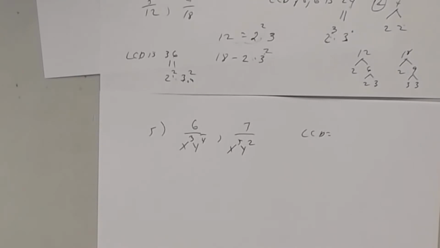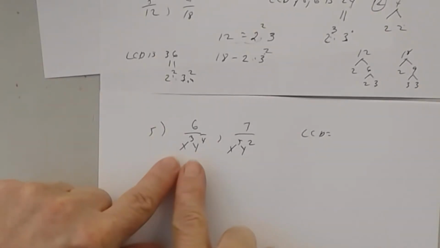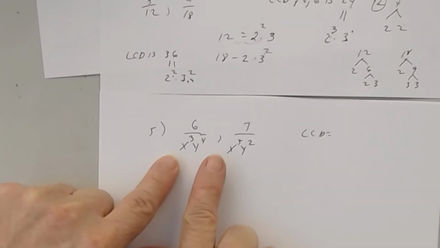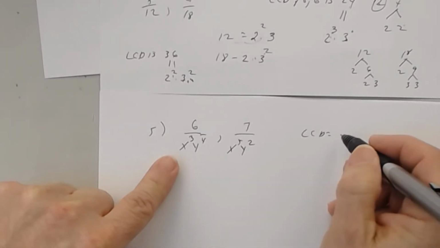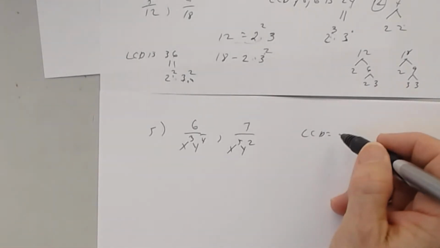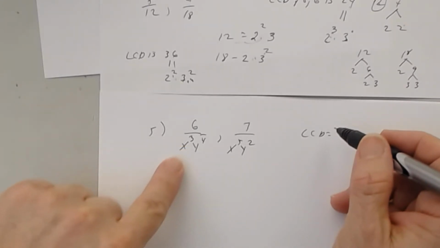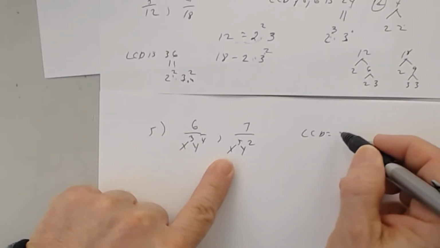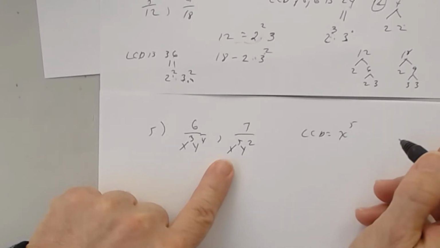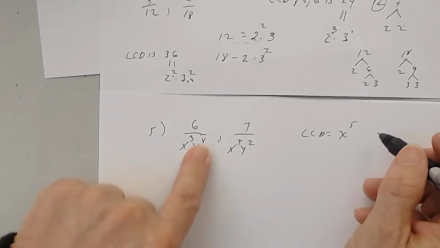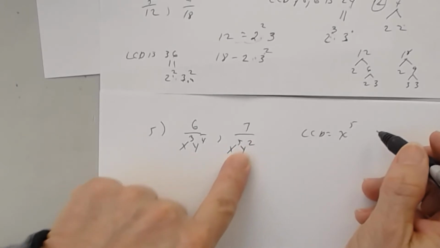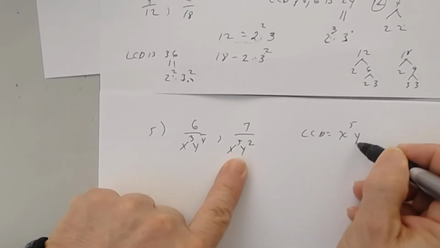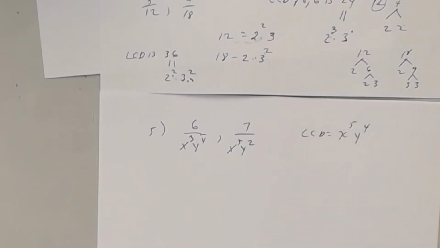My factors involve the variables x and what else? Y. So I know I'm going to need some x's and some y's. How many factors of x are in here? How many do I need? 5. Let's talk about the y's. How many factors of y are in this denominator? How many do I need? 4. That's your least.